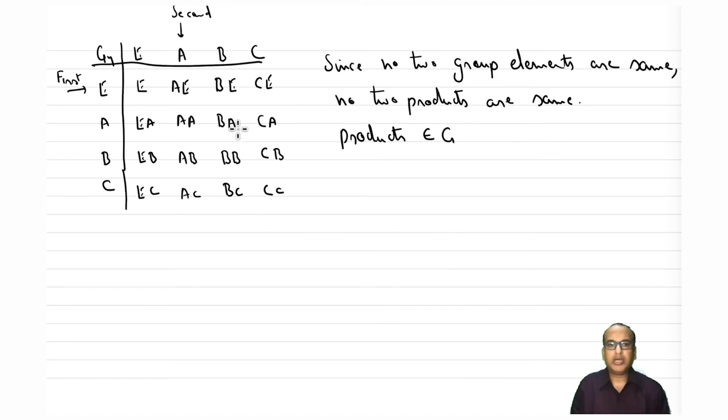So all these products must belong to either of these E, A, B, C, but none of these products should be repeated. So for example, in any particular row or any particular column, all the products should be unique, right? Because all the group elements are different, so their products should also be different.